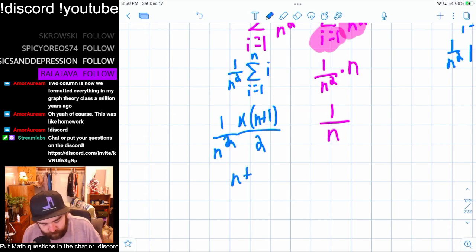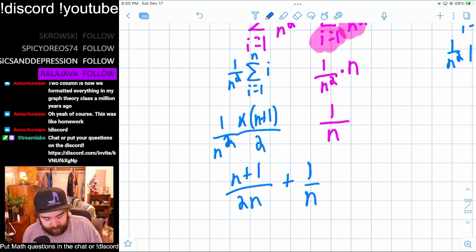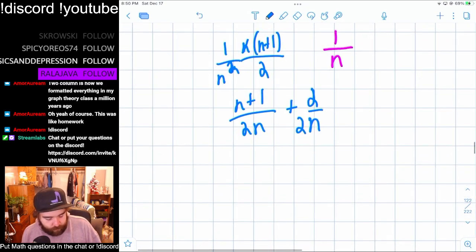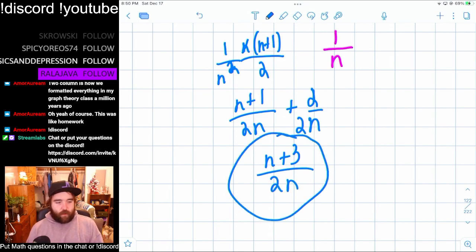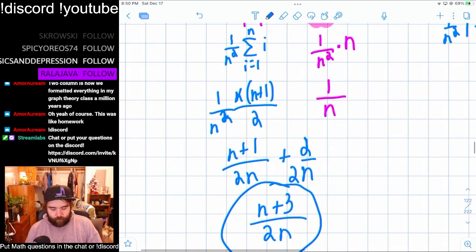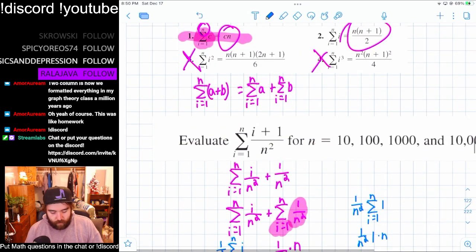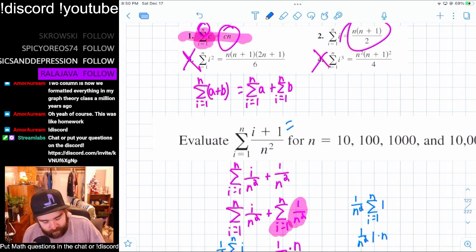We have (n plus 1) over 2n plus 1 over n, which means I just need to make that a common denominator with the 2 to say that this is (n plus 3) over 2n. So this is equal to (n plus 3) over 2n, at least that's what we got.